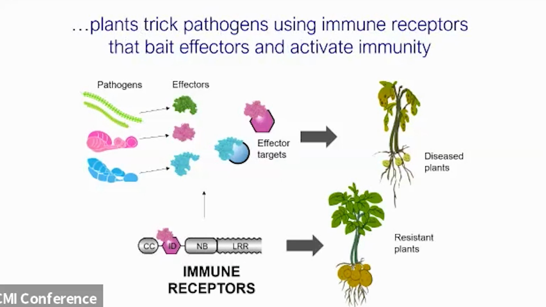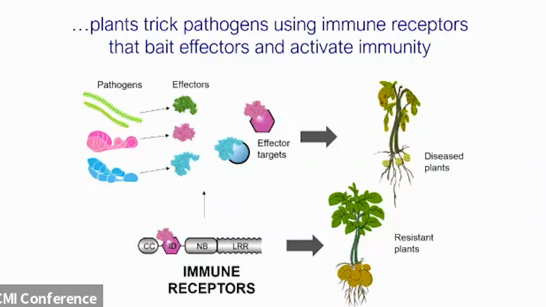But plants have these immune receptors, and a single immune receptor can basically detect one of these effectors, which can be delivered by the hundreds, by the way, depending on the pathogen. In those cases, you get disease resistance. So that immune receptor will essentially overcome the action of all these other effectors and result in resistance.